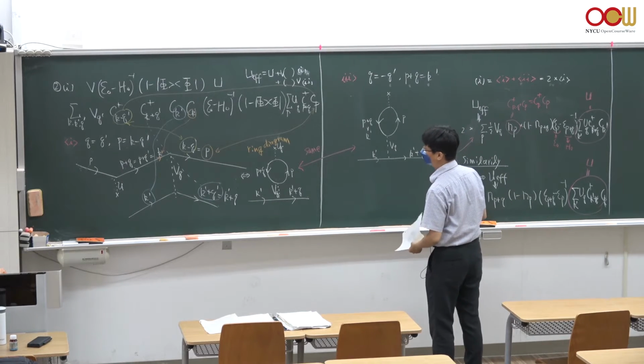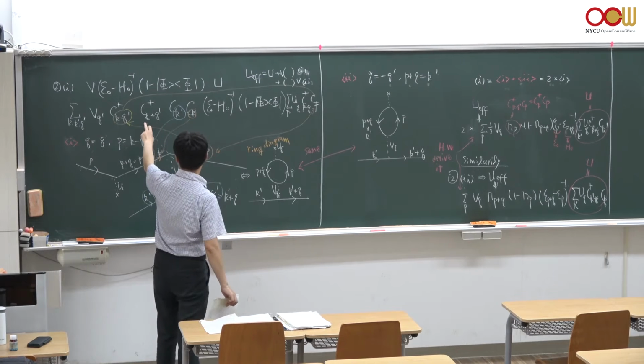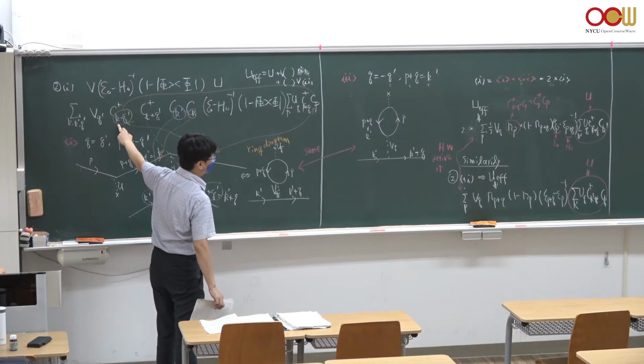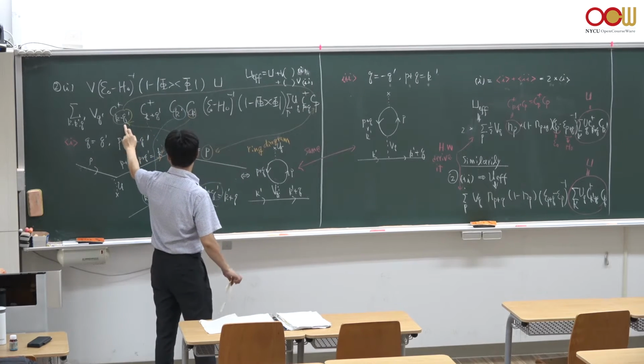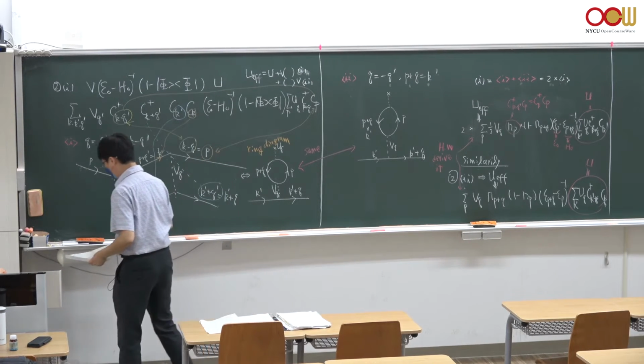So which is what? Let's see where it is. c dagger k minus q prime and c p, which are these two.